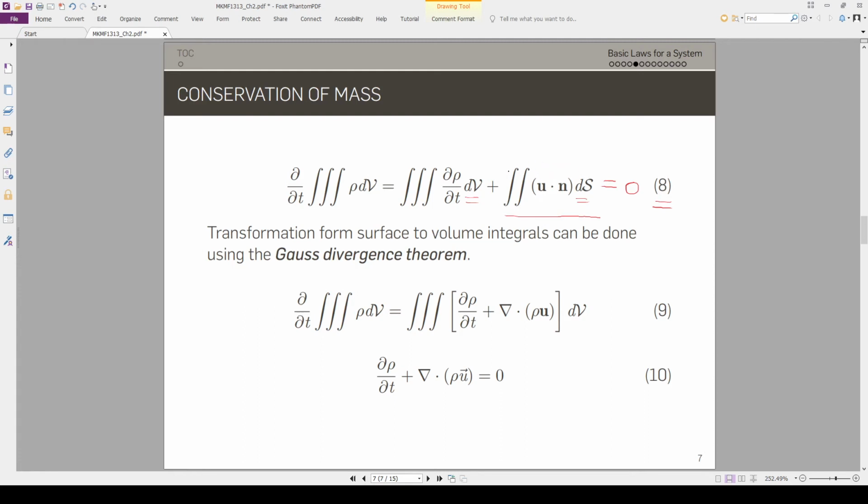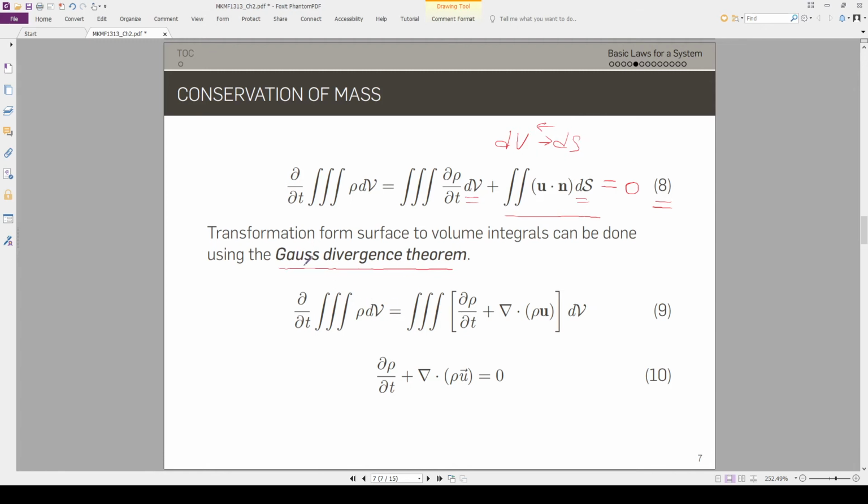To represent the equation in one expression, for example in control volume, the Gauss divergence theorem can be used to do the conversion from dV to dS, and also from dS to dV.